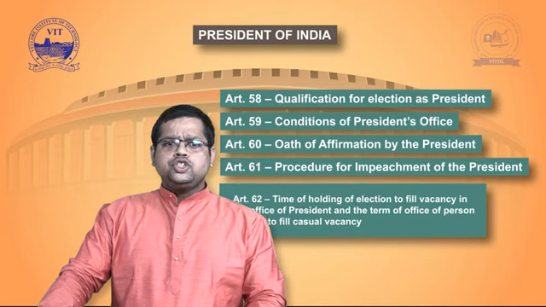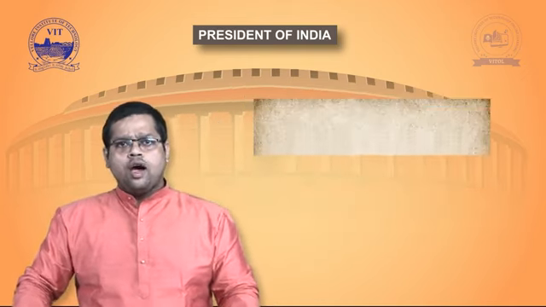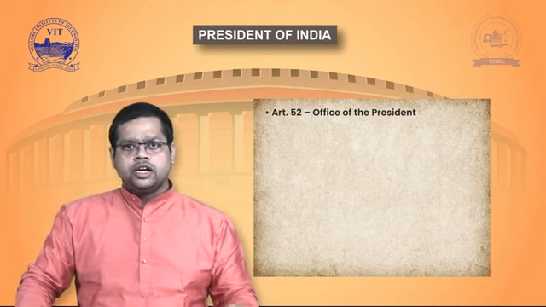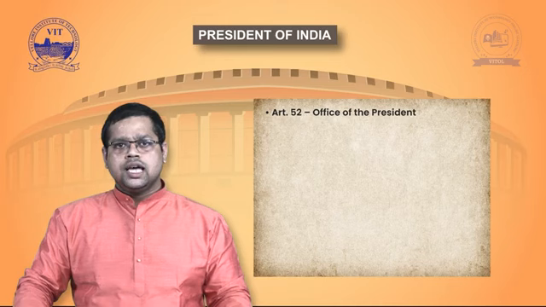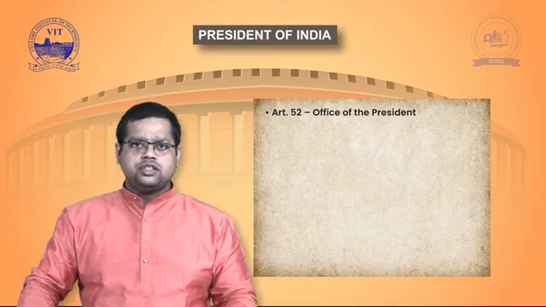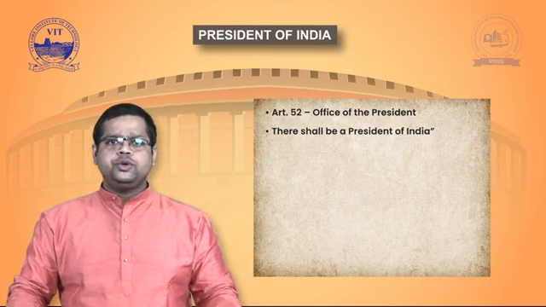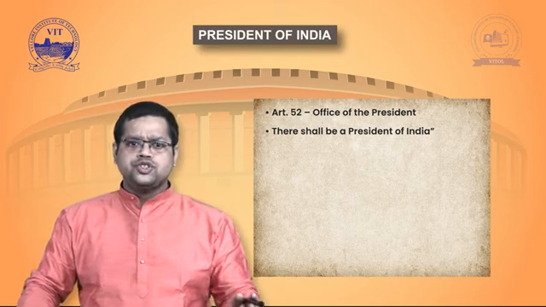Now, coming to the discussion on the president and what happens if the president is unable to fulfill his duties or discharge his functions. This is an interesting question that the Constitution answers. If you may recall, we saw in Article 52 that there shall be a President of India.